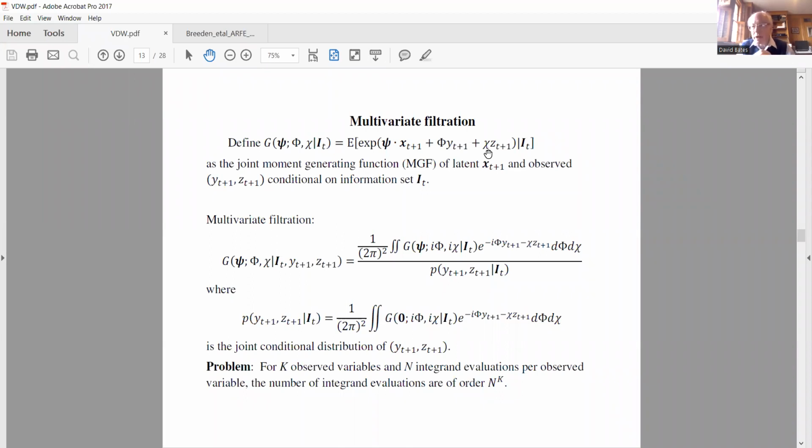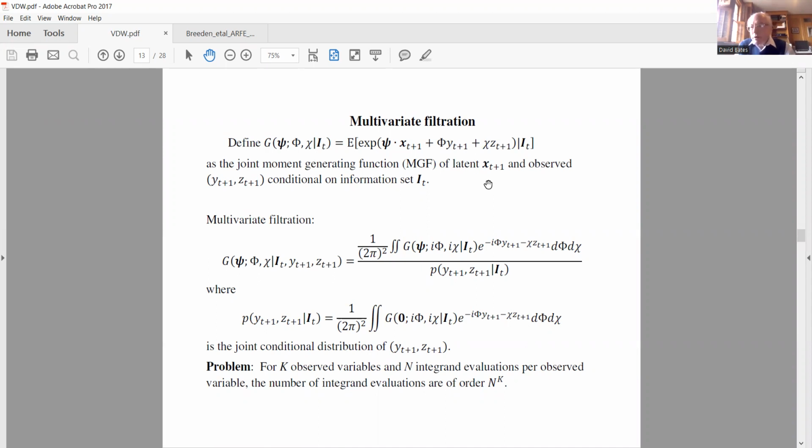So I'm not building in an explicit pricing model at all in this framework. I'm just using it as an information source. And then I'm using the filtration approach that I laid out based on conditional moment generating functions in my 2006 RFS paper.